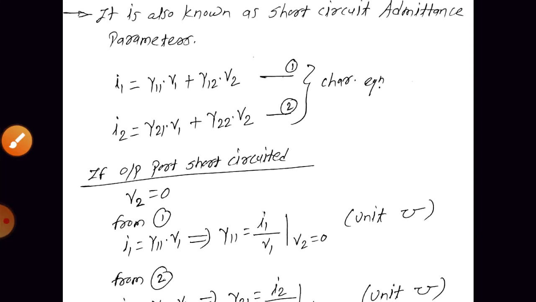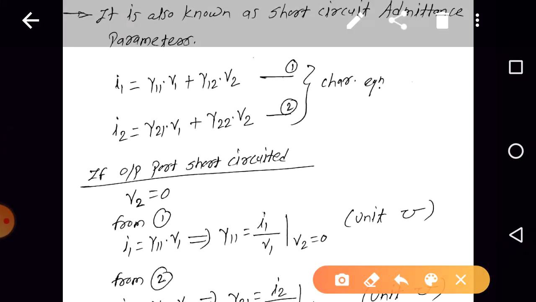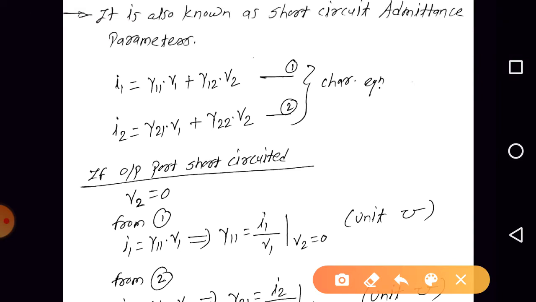Now, as I1 is equal to Y11 V1 plus Y12 V2 and I2 is equal to Y21 V1 plus Y22 V2, to find Y11, V2 should be equal to 0. V2 being 0 means the output port, that is the second port, is short circuited.